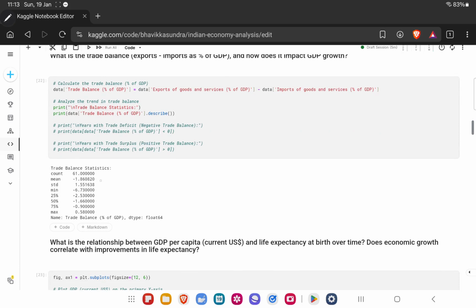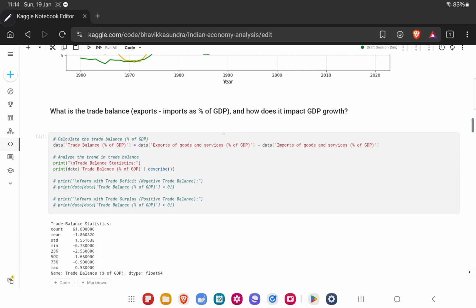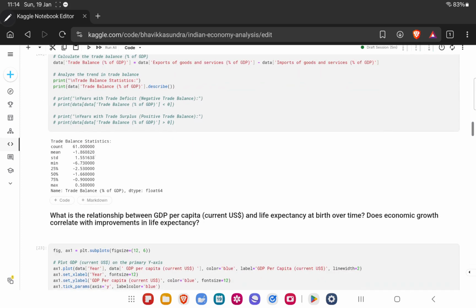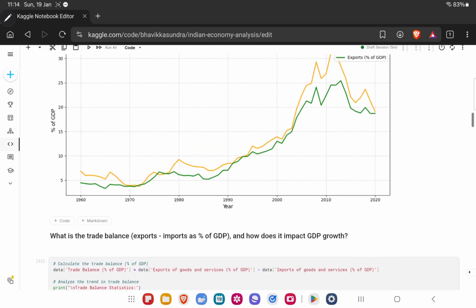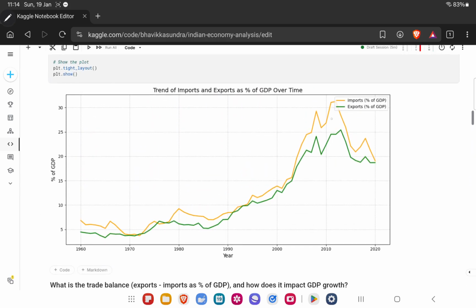The trade balance mean is minus 1.86, meaning exports are 1.86% lesser than imports, and the maximum is minus 6.73, meaning at that time there was a 6.66% difference here.